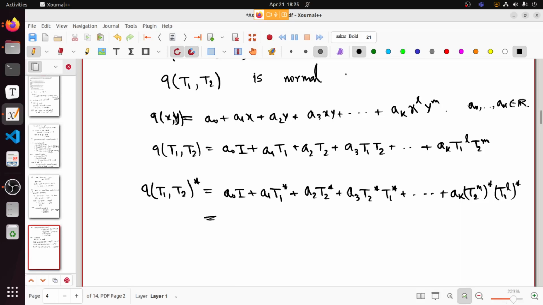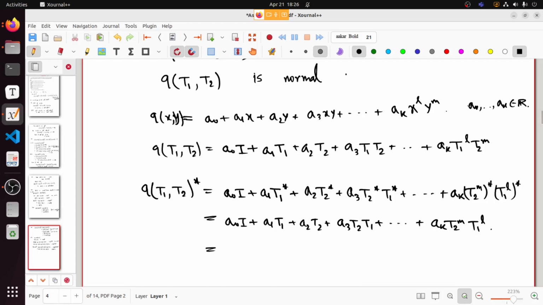Now because they are self adjoint, it will be a0 I plus a1 T1 plus a2 T2 plus a3 T2 T1 plus dot dot dot ak T2 to the m T1 to the l, right?